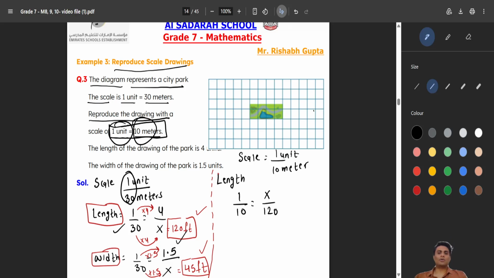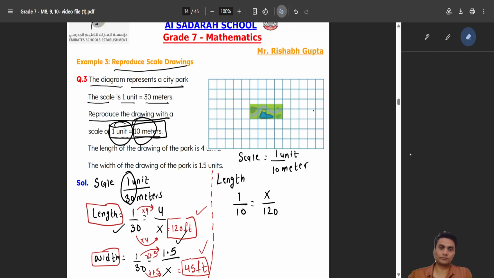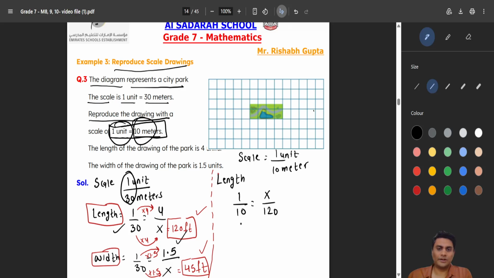Okay. Now if I ask you, 10 times how much will make 120? You will say times 12, correct or no? So here also do times 12. 1 times 12 is 12 only. I will get 12 units. I need 12 units for the length according to the new scale, correct? Let us check for the width also.